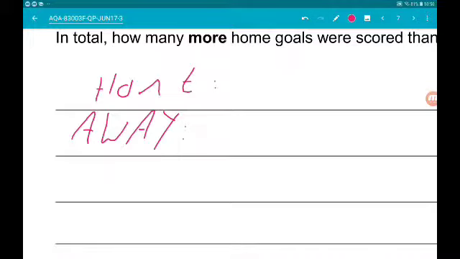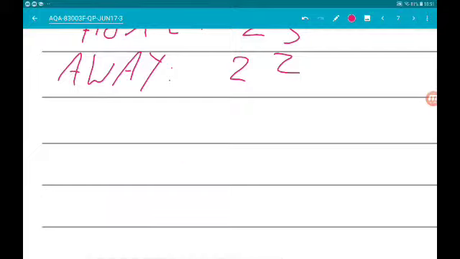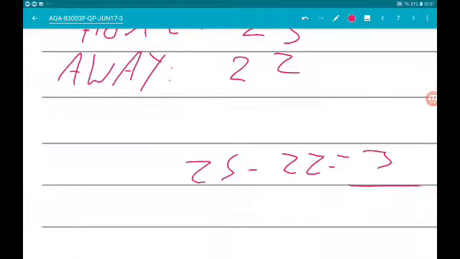So there were 25 home goals. Now we know that there were 47 goals altogether, so that means there must have been 22 away. Now 25 minus 22 is 3. Cool.